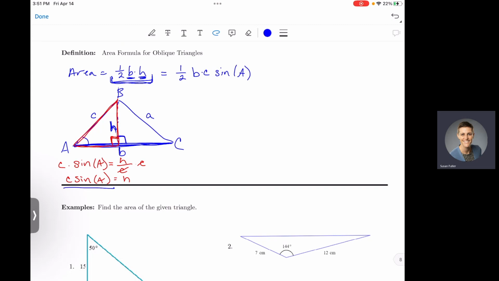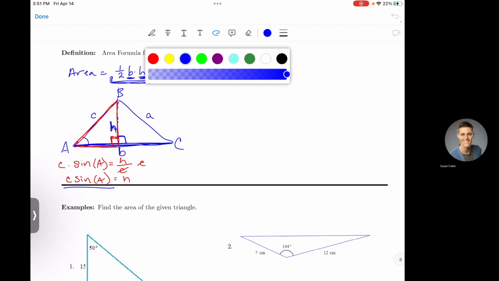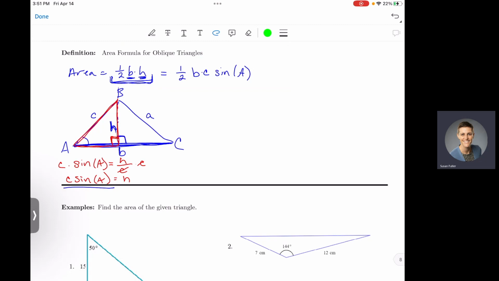And similarly, we could also do this in another triangle. Let me switch to green here. If I switch to this triangle here on the right, again, this is a right triangle, so we have SOHCAHTOA over here. I could have also used angle C to do this.